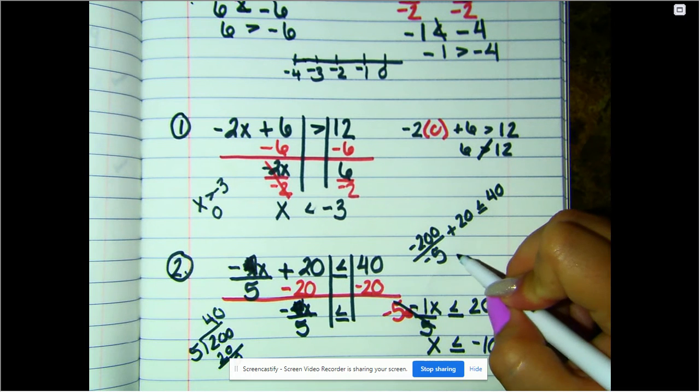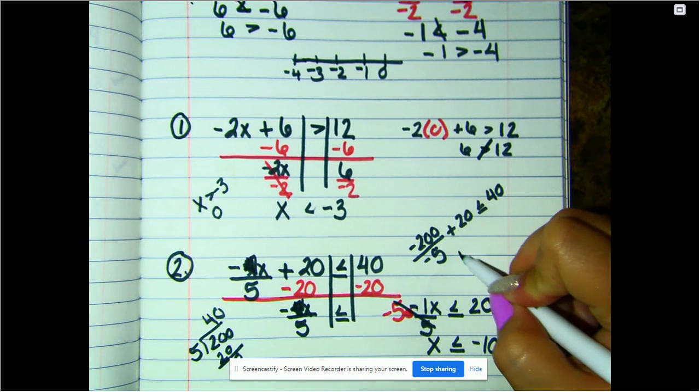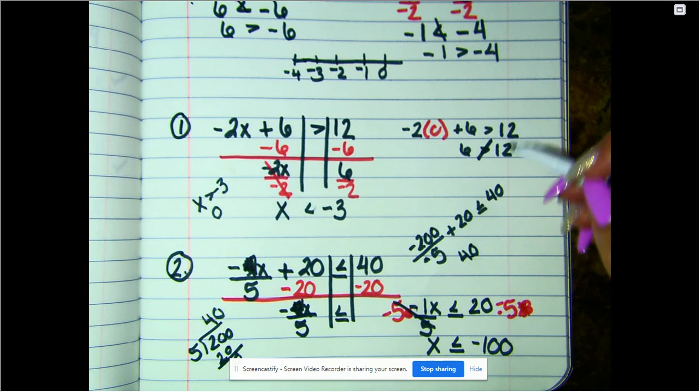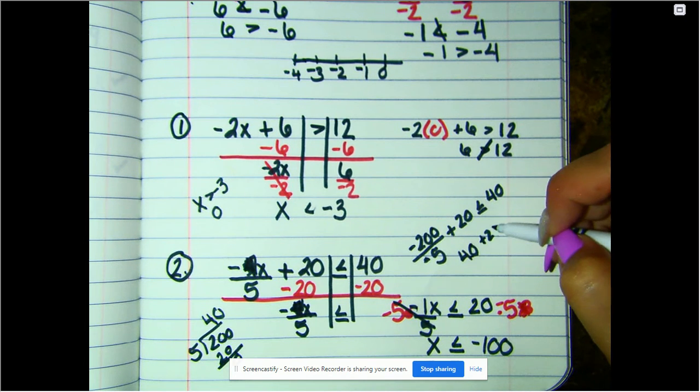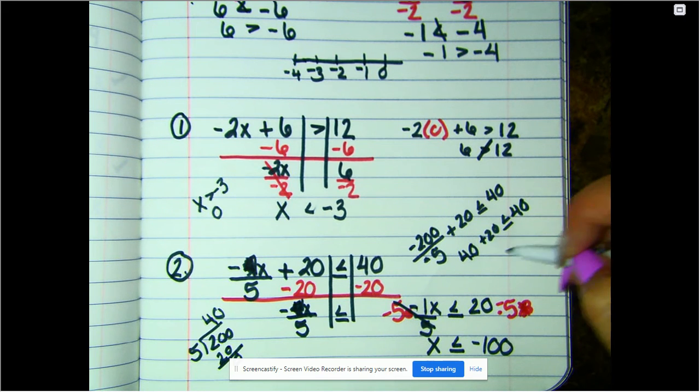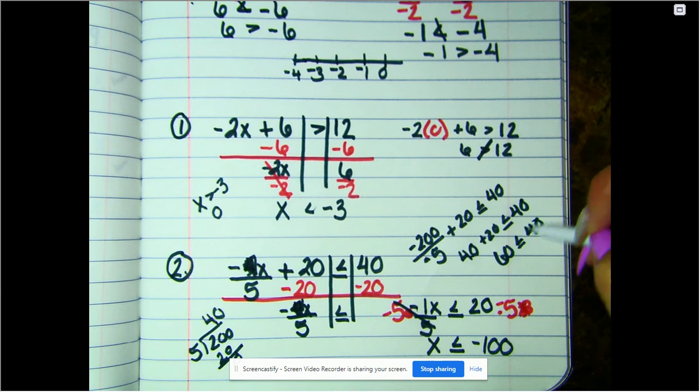So we have positive 40 here, because negative divided by a negative is a positive. Plus 20, and we're supposed to be saying that is less than or equal to 40. Well, 20 plus 40 is 60, and that is not less than or equal to 40.